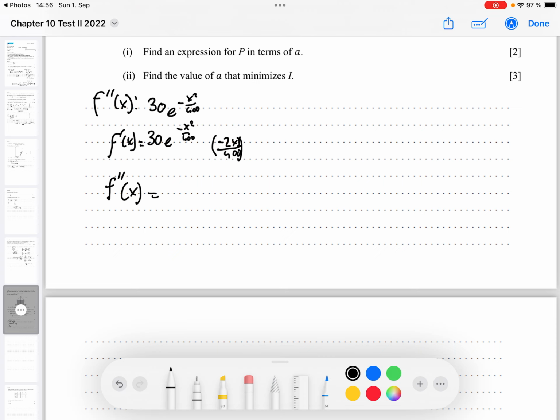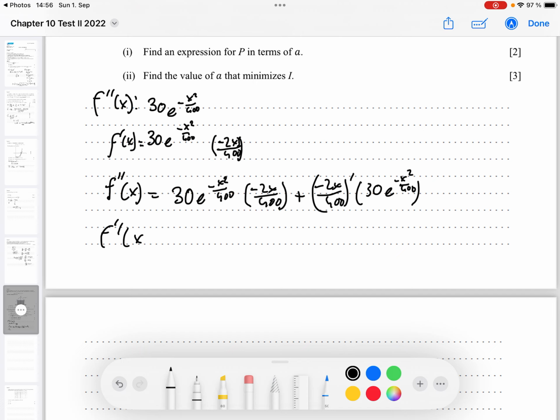So we are given that the derivative of 30e to the negative x squared over 400 is the exact same as the function, and we multiply this by negative 2x over 400, and now we add this with the derivative of negative 2x over 400 and multiply that by 30e to the negative x squared over 400.